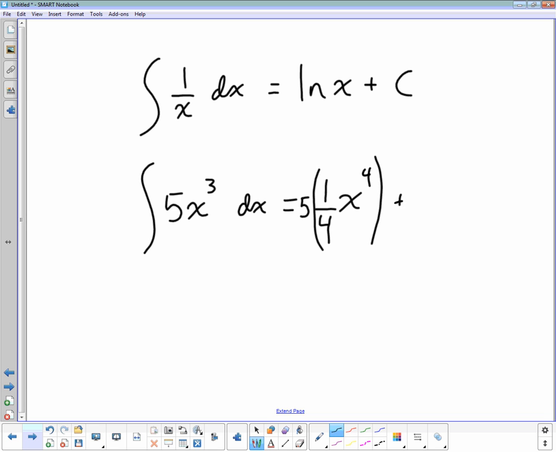Plus c. Now, that 5 doesn't really change this thing. So what we can say is, really, this thing is also equal to that. Okay, these two are equal. It is a property of an integral that you can pull a constant out in front.